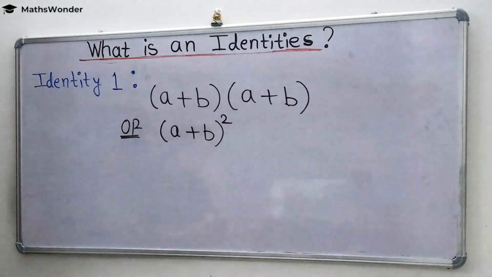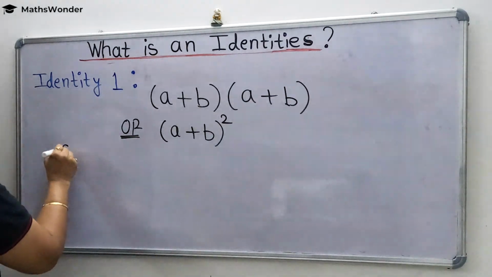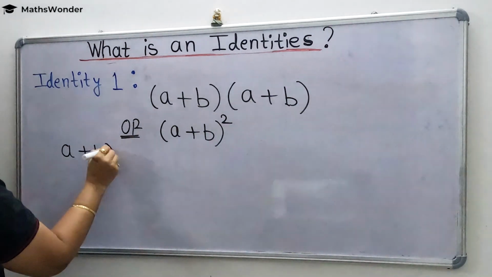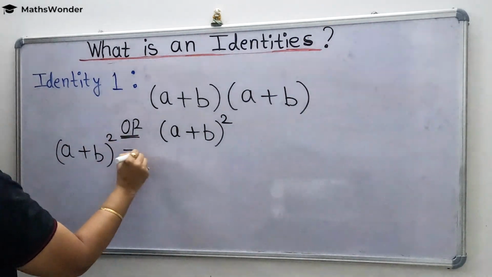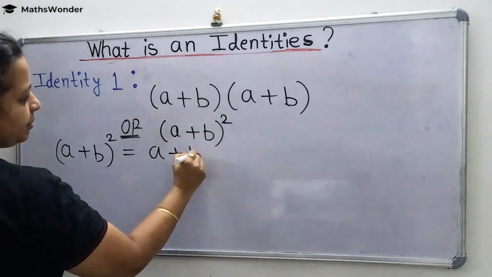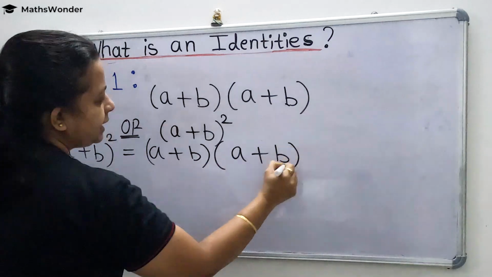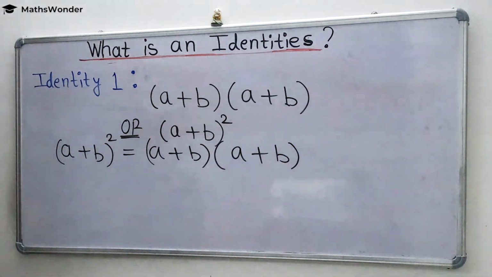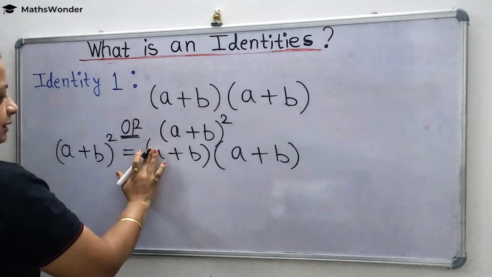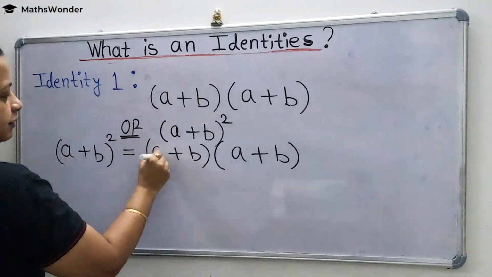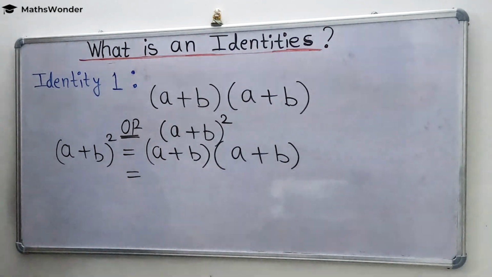So now how you will do this? A plus b whole square. Now see, a plus b whole square. So you can write it a plus b or a plus b. Now see how you will find it, the identities. You remember. Now check, a plus b is which type of algebraic expression?